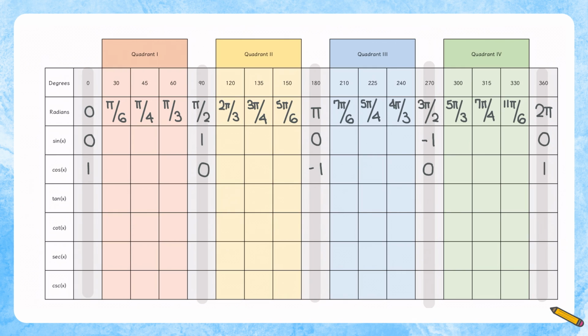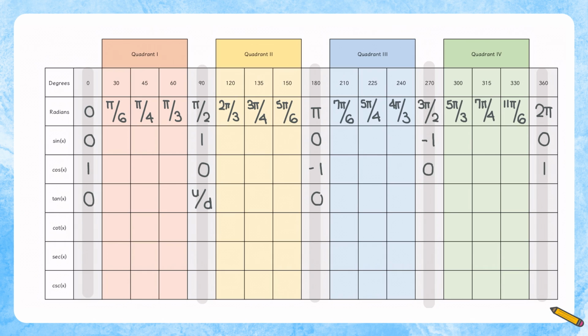Okay, so if you remember from the previous lesson, we can find the tangent values by putting sine over cosine. So for example, tangent of 0 degrees is 0 over 1, which simplifies to just 0. Tangent of 90 degrees would be 1 over 0, which is undefined.